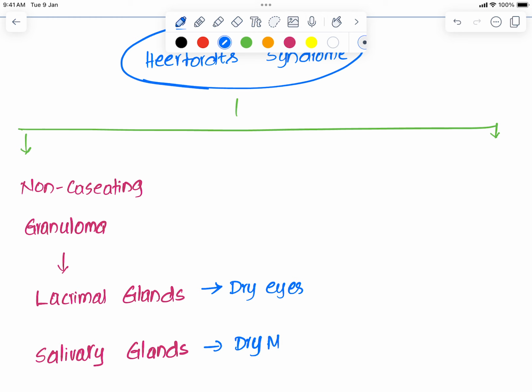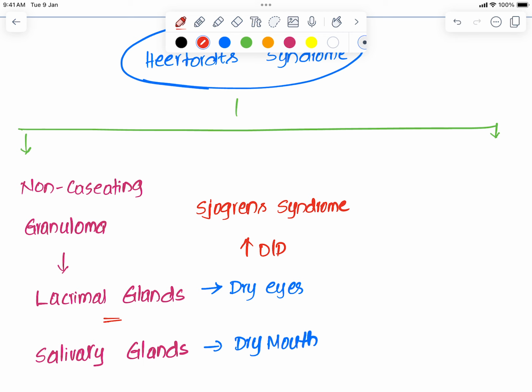So that is the reason why this becomes an important differential diagnosis for Sjogren's syndrome, because even in Sjogren's you have the same, that is dry eyes and dry mouth. But Sjogren's is an immune mediated disorder, an autoimmune disease, whereas here you have the accumulation of non-caseating granuloma.